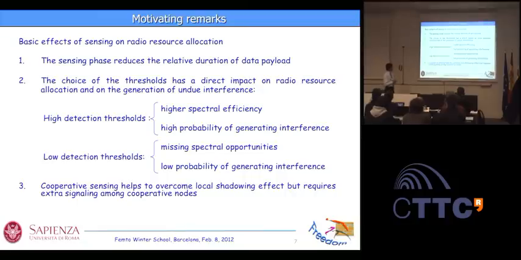And then the last point is that if, besides local sensing, we also introduce cooperative sensing, of course we need to incorporate local shadowing effects. This is the reason why we're going to use cooperative sensing. But again, cooperation requires some exchange of control signals among the players of this game.